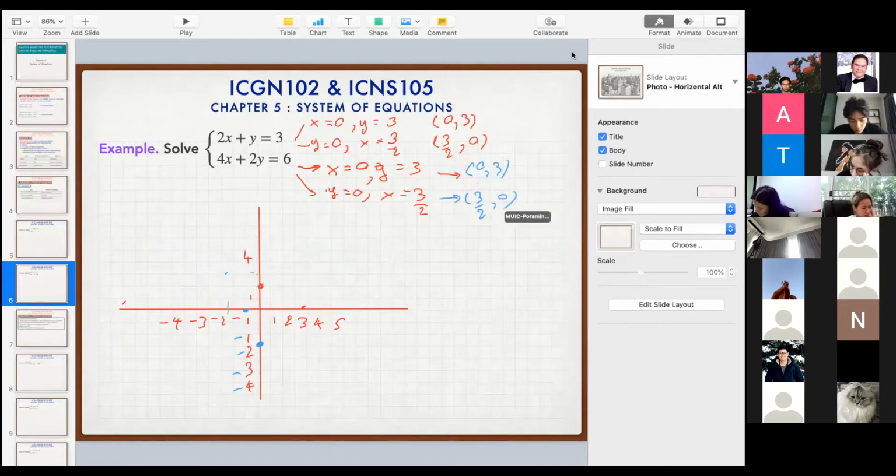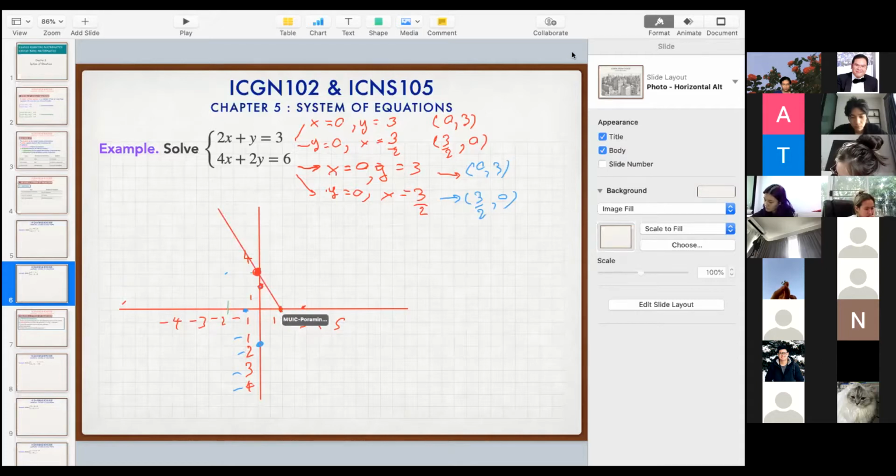For the first graph, in red color, (0, 3) is here, and (3 over 2, 0) is here. This is my graph.